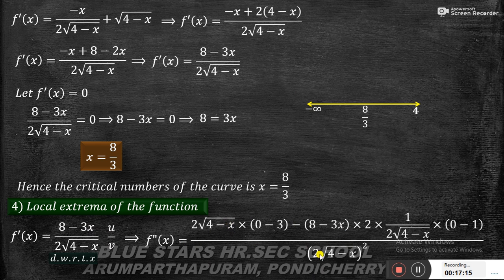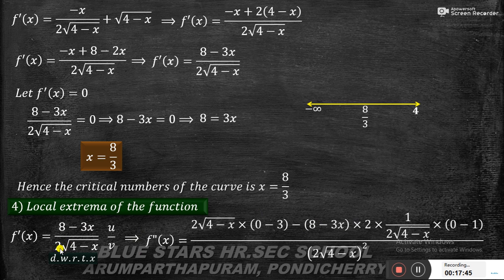So therefore now we square the denominator. 2 into square root of 4 minus x whole square, 2 into square root of 4 minus x into, now I differentiate the numerator. The numerator is 8 minus 3x. Differentiation of 8 is 0, and the differentiation of minus 3x is minus 3, because the differentiation of x is 1. So I write it 0 minus 3 minus, now I write the numerator 8 minus 3x into, now I differentiate the denominator.